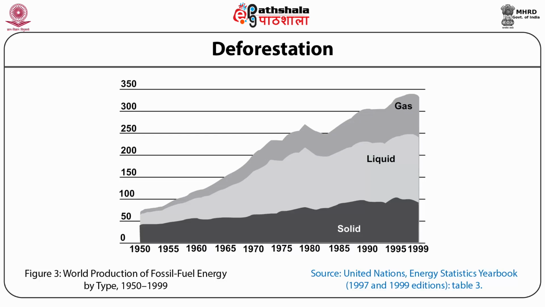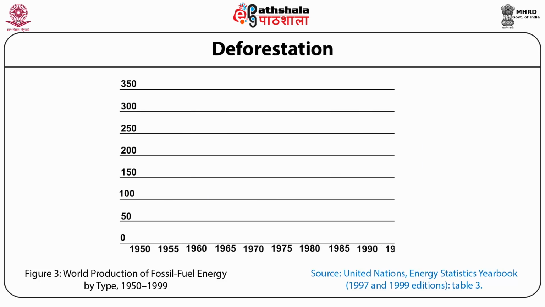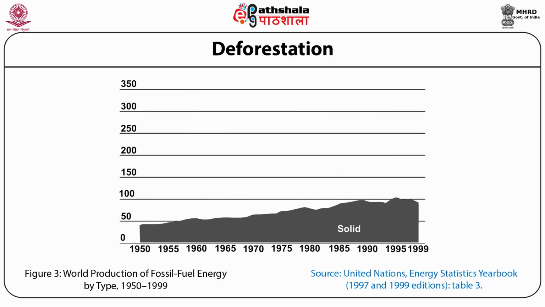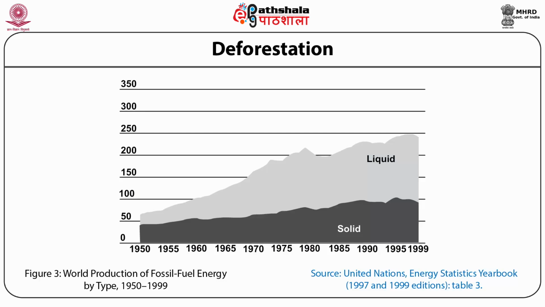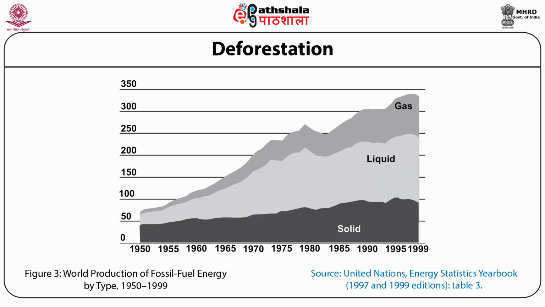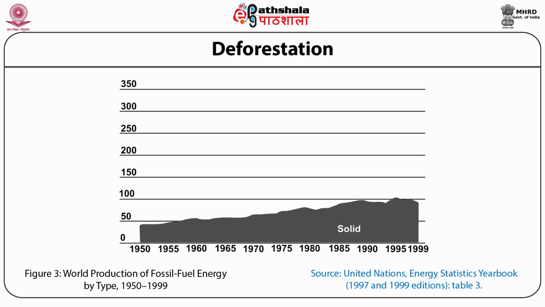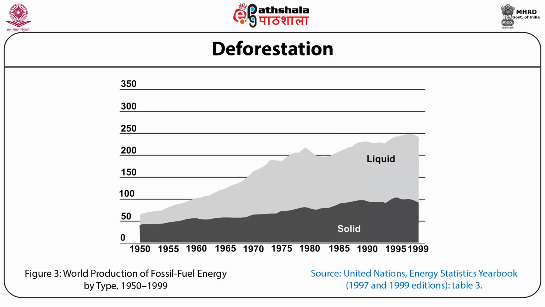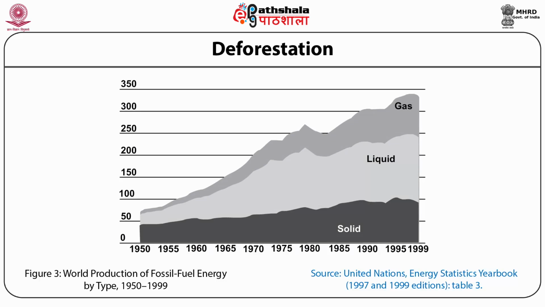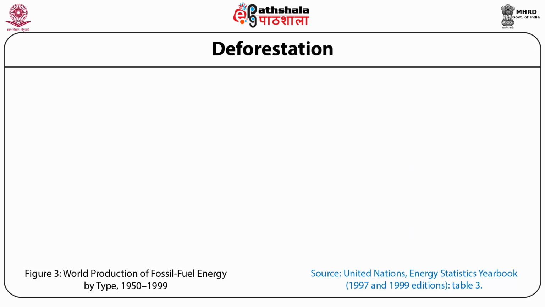More than 1 billion metric tons of oil equivalent energy was produced by burning traditional fuels, including animal wastes. The major energy comes from the fossil fuel: liquid petroleum, solid, that is coal or lignite, or gas, that is the natural gas. With rising world population, demand for energy has been rising rapidly.